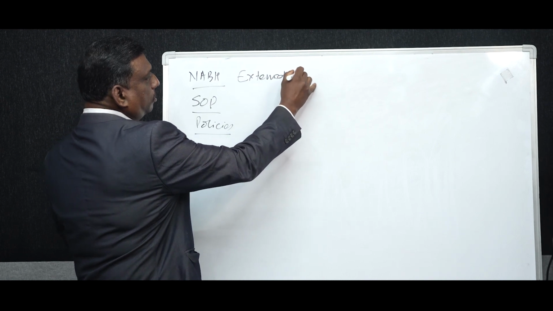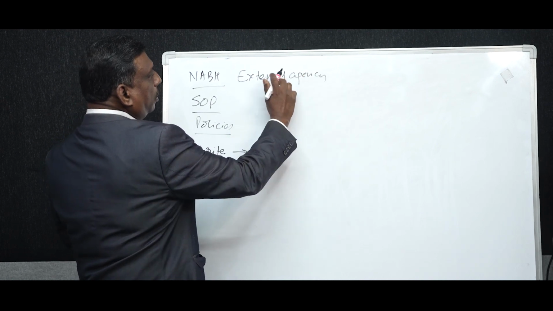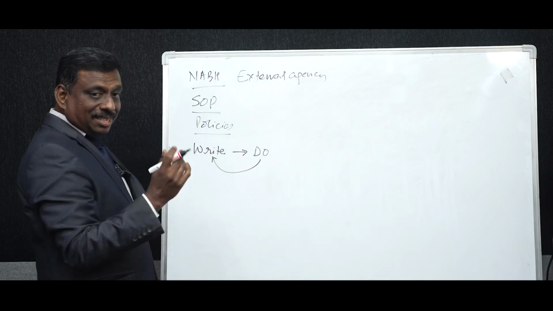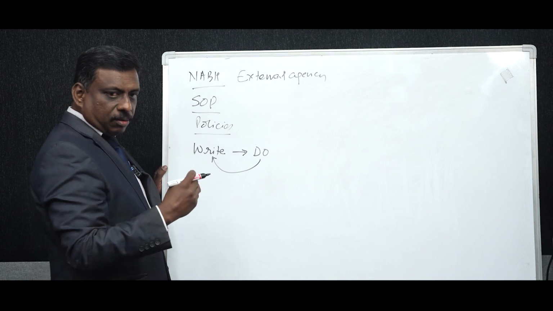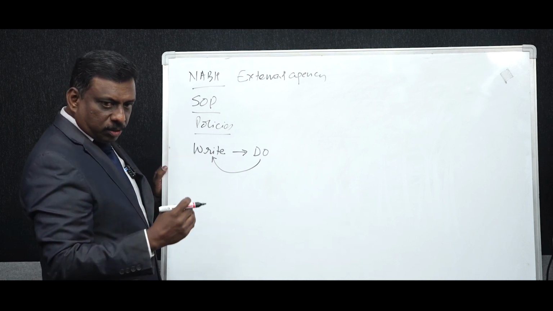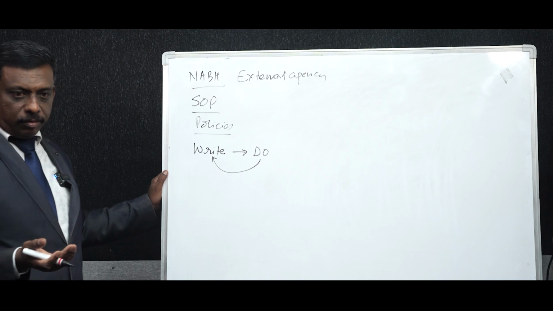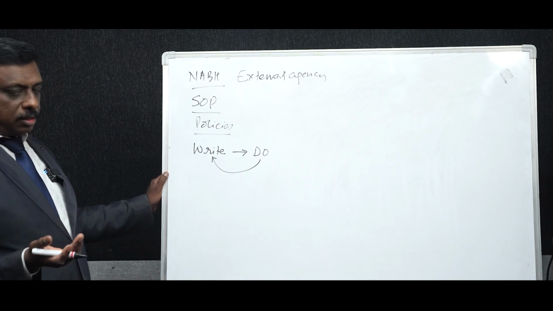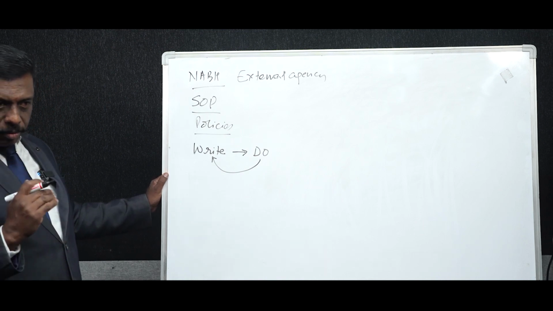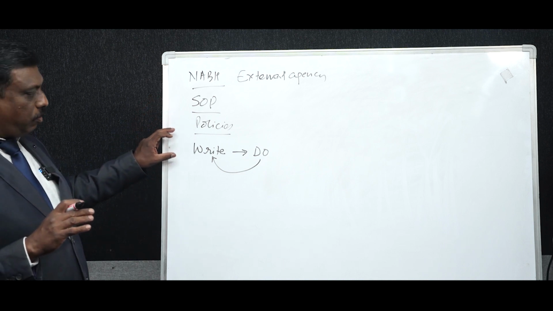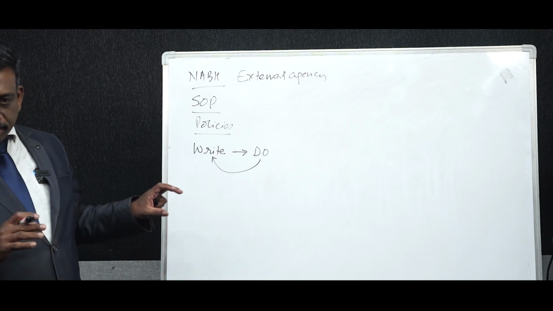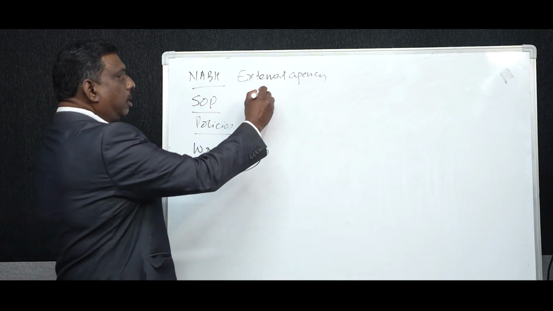NABH is an external agency. This agency will visit our hospital, check the hospital, go through the SOPs, talk to our staff, and inspect our premises. If our hospital has all the SOPs and policies, and if we are correctly following all those policies, then we will be accredited.